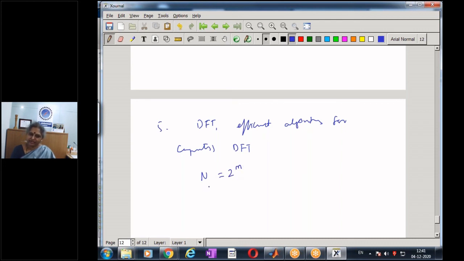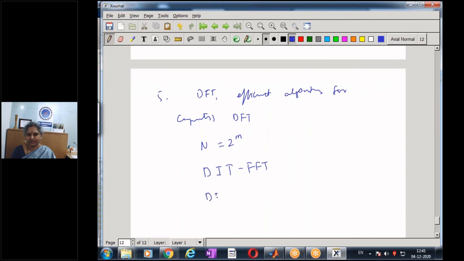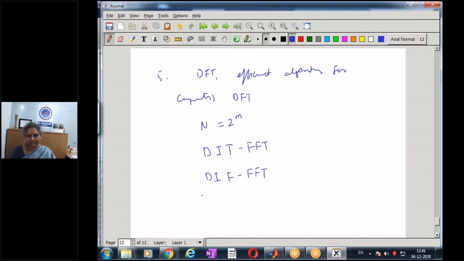If I can express N as a power of 2, then we have the decimation in time fast Fourier transform algorithm and the decimation in frequency fast Fourier transform algorithm. These are two methods applicable when N is a power of 2, and they are methods for computing the discrete Fourier transform in a computationally efficient manner.